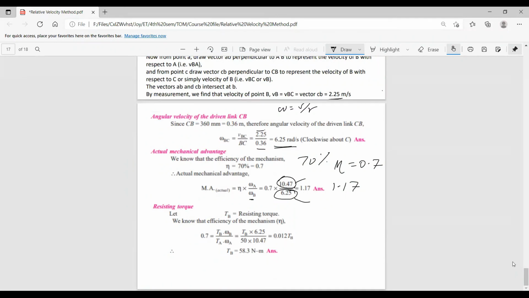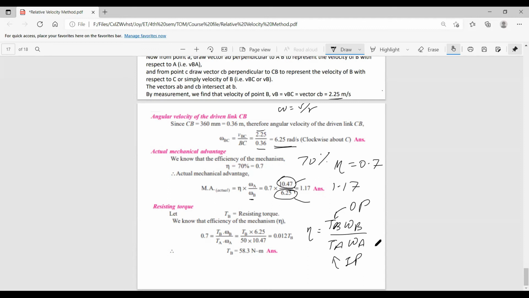Then the question asks for the resisting torque. Torque equation we know, eta is equal to tau B omega B upon tau A omega A. This tau A and tau B are input and output.